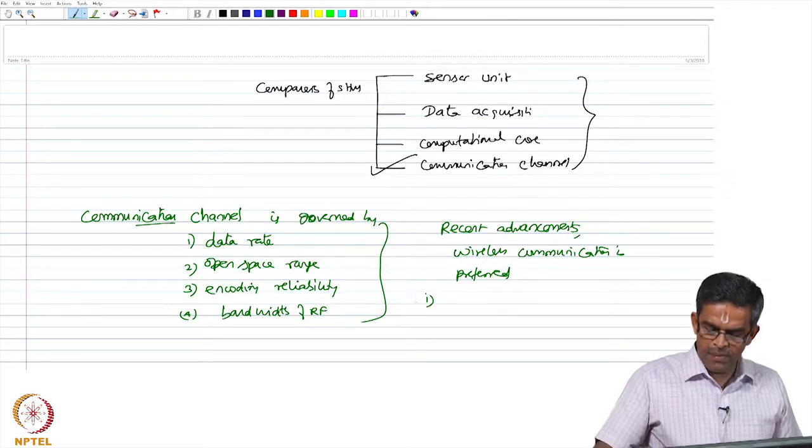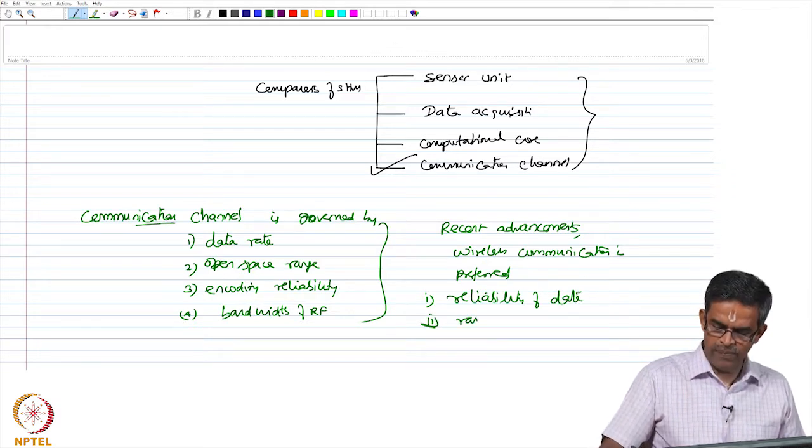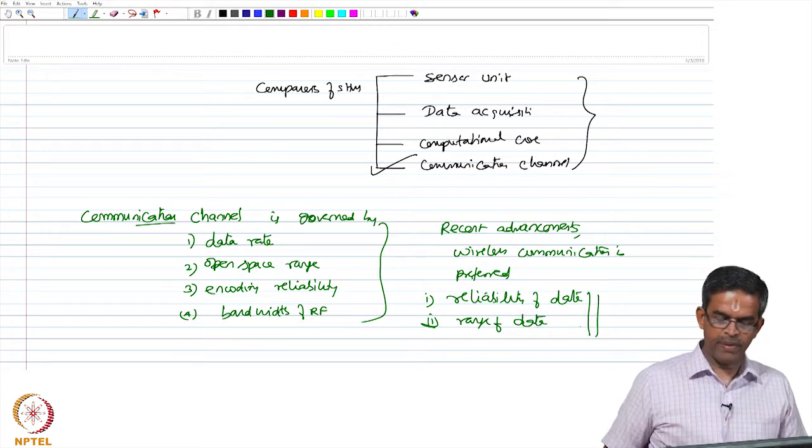whereas the main parameters in wireless communication would be the reliability of the data transfer, and the range of data, that is the space constraint.